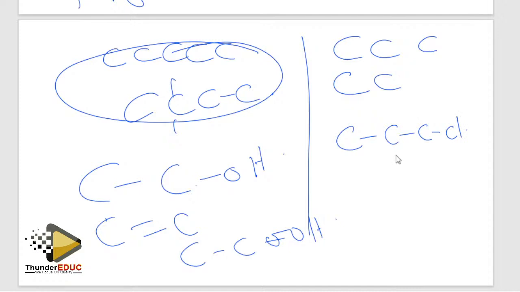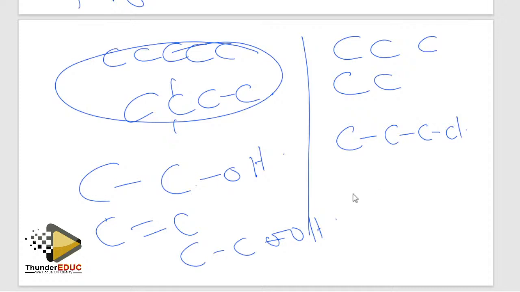When it goes to ketones, it has London forces and dipole forces. When it goes to esters, it has dipole forces and London forces. When it goes to carboxylic acid, it has the London forces, hydrogen bonds, and dipole forces.